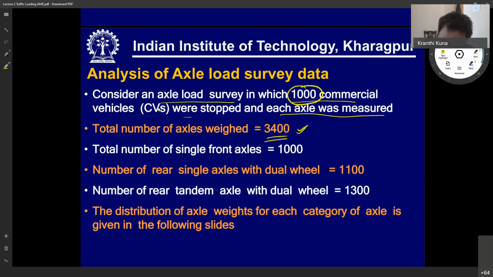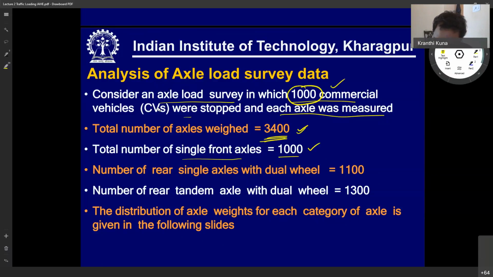So in total you are getting 3,400 axles. The total number of single front axles is 1,000, obviously, because you are surveying 1,000 commercial vehicles.